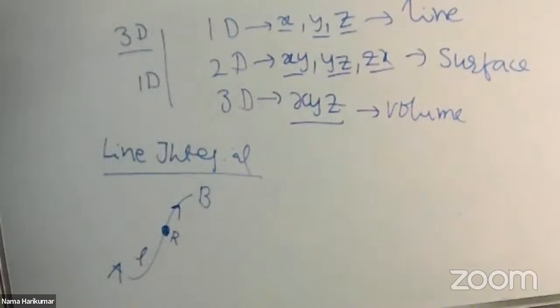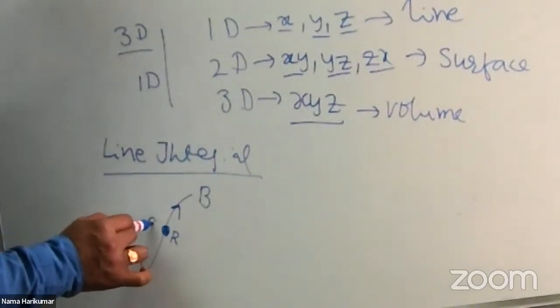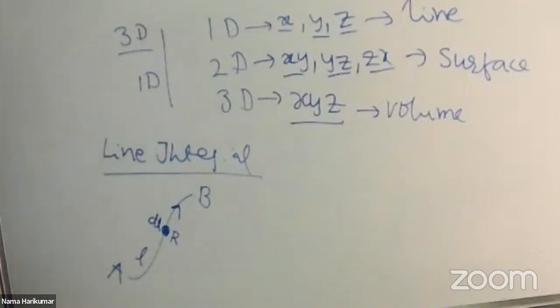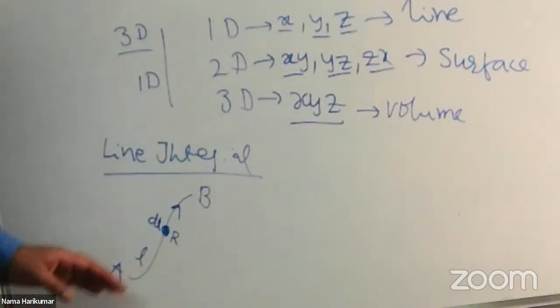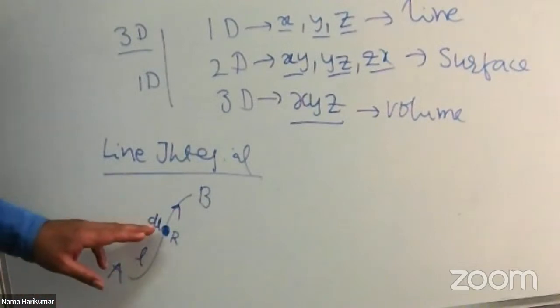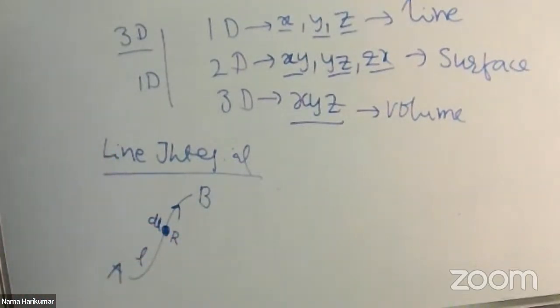In the same way, the length of the assumed point is DL. The total length is L, and the point's length is DL. DL is the magnitude of our assumed point.